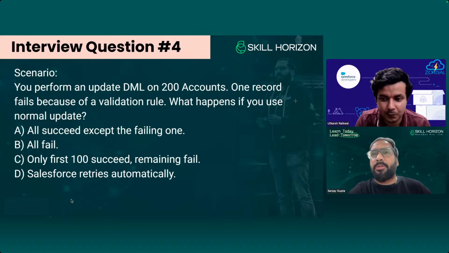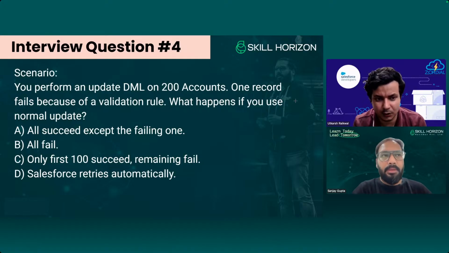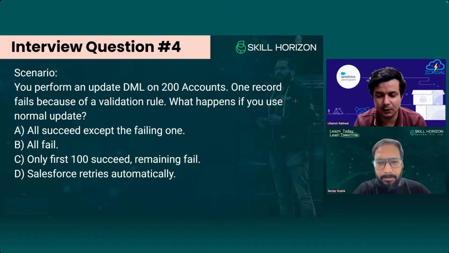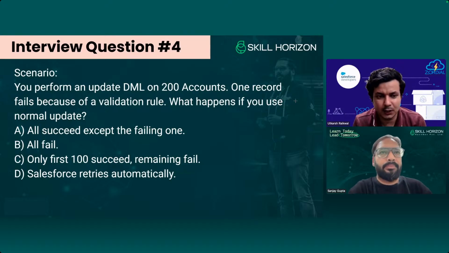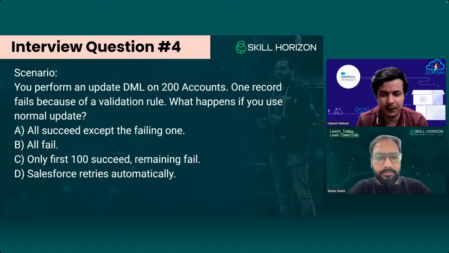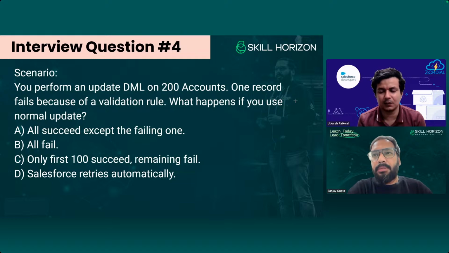Okay, so what's your take on this, Utkarsh? Yeah, so B is the correct option since you are using the normal update option. So it's either a total success or a total failure. There is no partial success. If you have used Database.update, then it will be a case of all succeed except the failing one, partial success you can say.